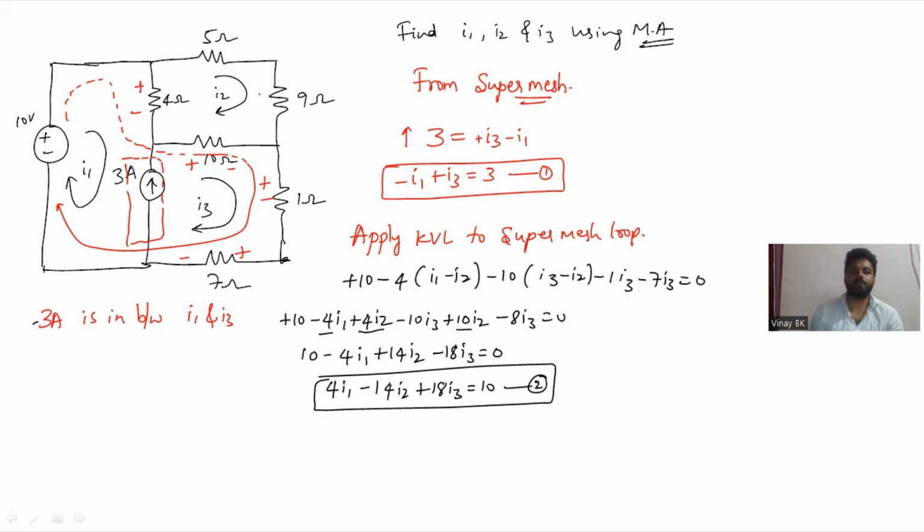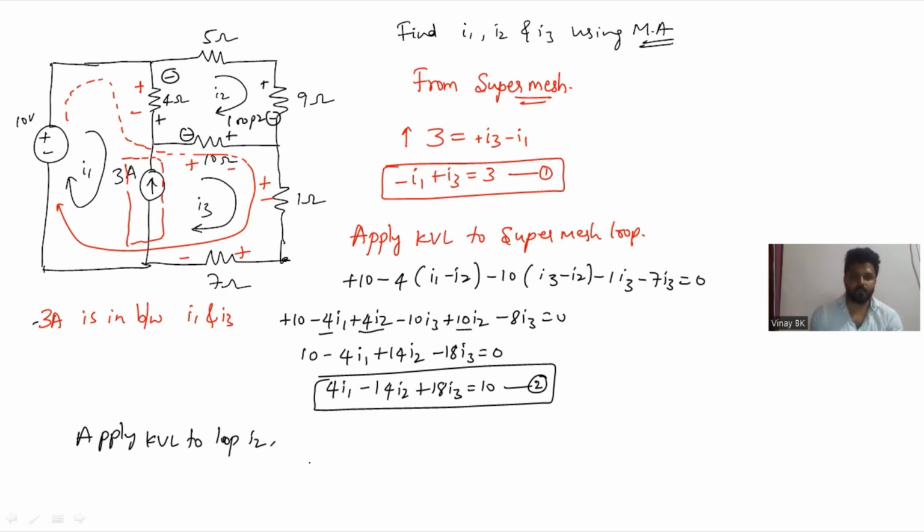Now apply KVL to loop 2, that is the I2 loop. Mark the polarities: plus, minus, plus, minus, plus, minus; the second polarity is minus, minus, minus. You can also use the first polarities, no problem, but you have to use the same polarities for all the loops.